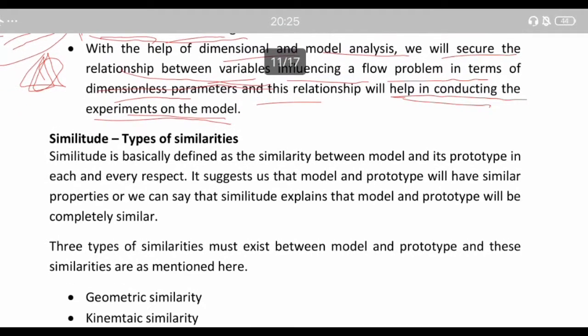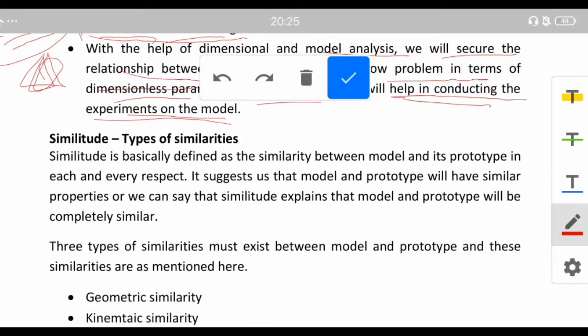And so next we read about similitude. Similitude is basically defined as the similarity between model and its prototype in each and every aspect. If you are considering a model and a prototype, the types of similarities between them will be referred to as the similitude between the model and the prototype.